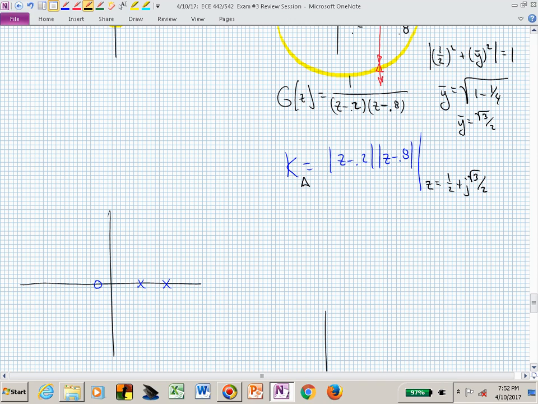And now, what do we know about the root locus? How many real axis segments do we have? 4. And how many of those 4 are on the root locus? Any of them? So we have this and we have this.